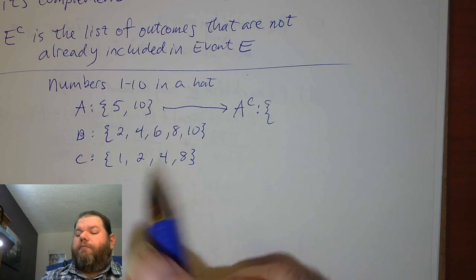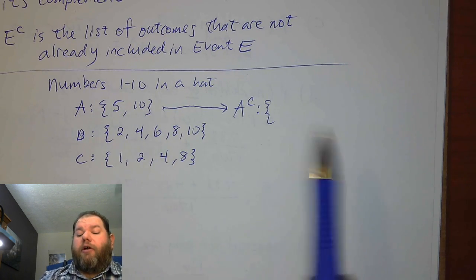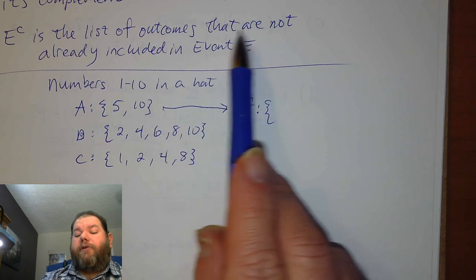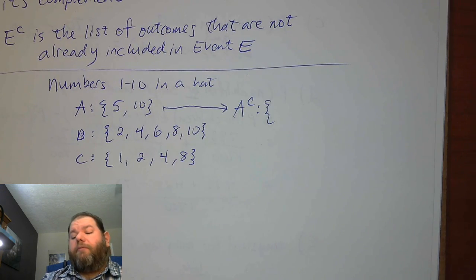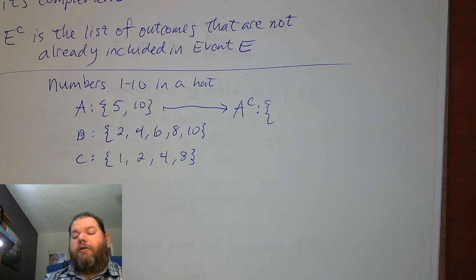We know event A has outcomes 5 and 10 included. So the complement of A would be the list of outcomes that are not already included in event A. So of these 10 outcomes, we have 5 and 10 included here. Which outcomes would be part of A complement?